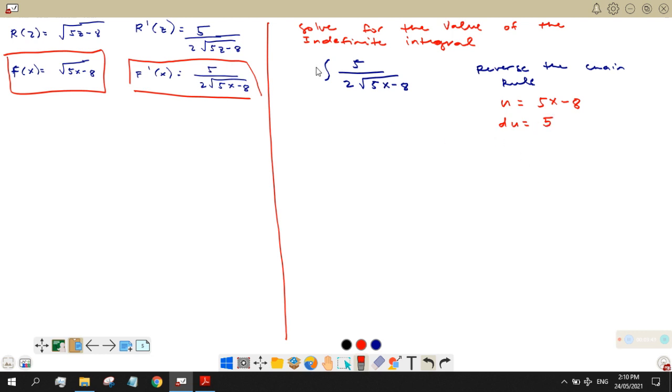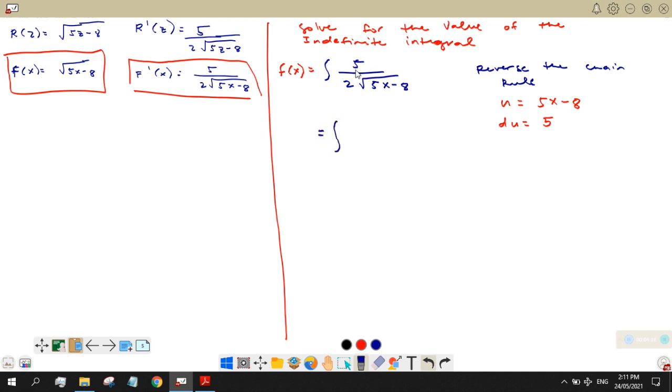So, from here, let's call this function f of x. So, what is the integral of f of x? Let's analyze the values.